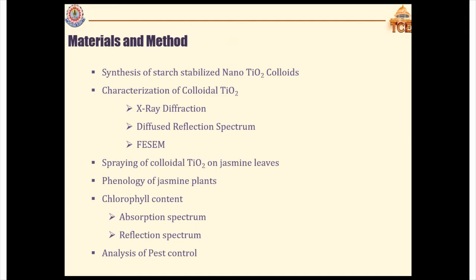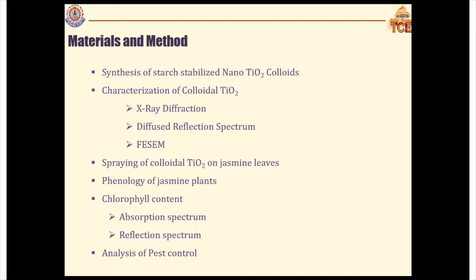Then the powder is mixed with the starch solution to make starch-stabilized TiO2 for application on green plants. Before application on plants, characterization of the colloidal TiO2 was done by means of XRD, diffuse reflectance spectrum, and FESEM, and then it was applied on the leaf surface of jasmine plants.